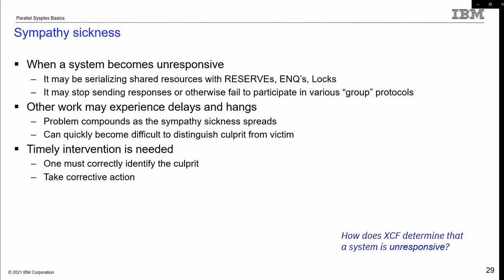These innocent parties, the other systems experiencing sympathy sickness, are suffering serious harm. Sometimes operations needs to intervene, but we try to automate this as much as possible through something called Sysplex Failure Management, which tries to intervene in a timely way to identify the culprit and take corrective action.